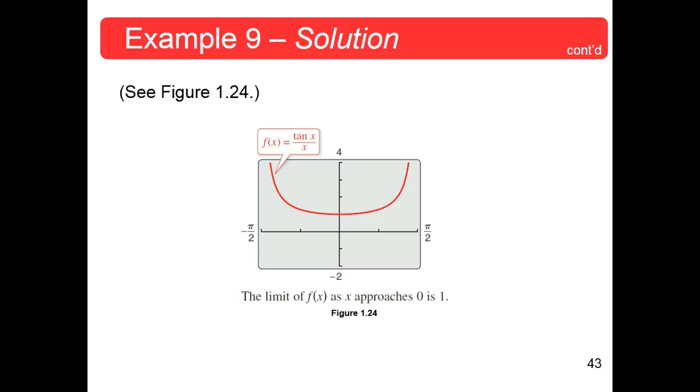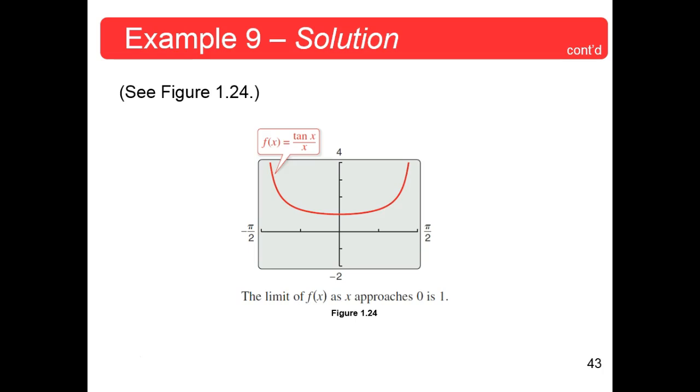Here's a figure that kind of shows that. And if you're surprised that's how tangent x over x looks, let's think about it for a moment. Tangent in the fourth quadrant, which is the one over here, is negative, but 1 over x is also negative, so that becomes positive. And in the first quadrant, positive over positive is positive.